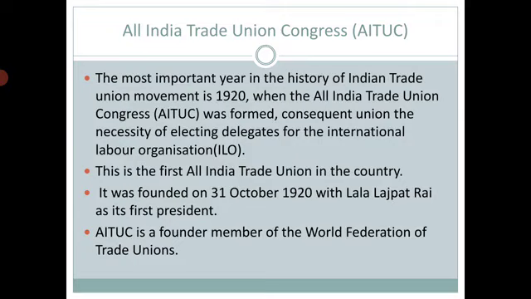Whenever we consider a trade union, what is a trade union? Actually, the trade union is an association of members. Who are these members? The members are literally the employees of the organization.